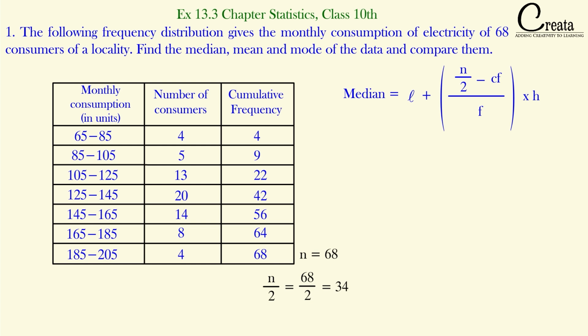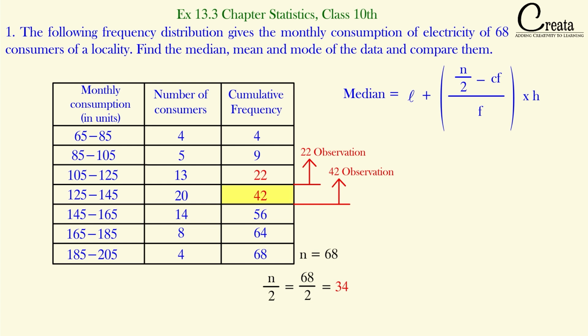If you refer to the third row, it is having total 22 observations. Up to 22 observations, our third row is coming into the picture. And after 22 observations, our fourth row is starting, which is having up to 42 observations. So our 34th observation will be in the fourth row. Got it?